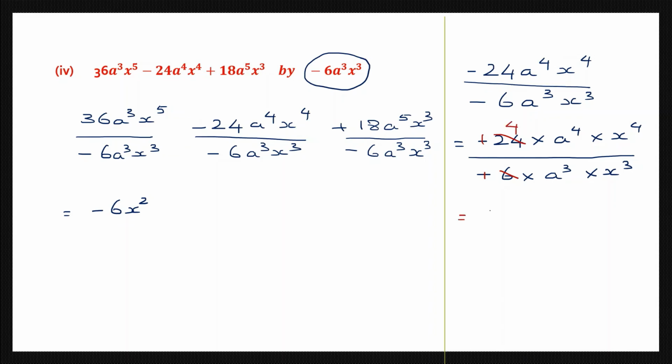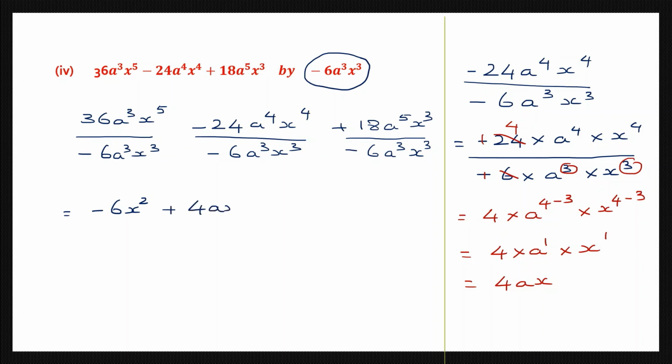So we have 4 into a to the power of 4 minus 3 into x to the power of 4 minus 3. So here we have 4 into a to the power of 1 into x to the power of 1. So that makes it 4ax, which we can write here. It's plus 4ax.